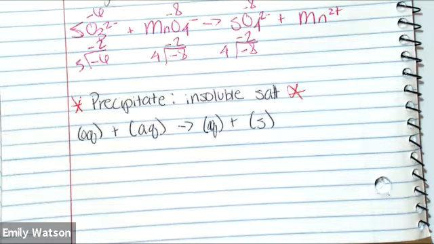And the only way to determine if something is a precipitate is to know your solubility rules. I'm so sorry, I'm talking way too fast. I don't really have a trick for them; you just need to memorize them.